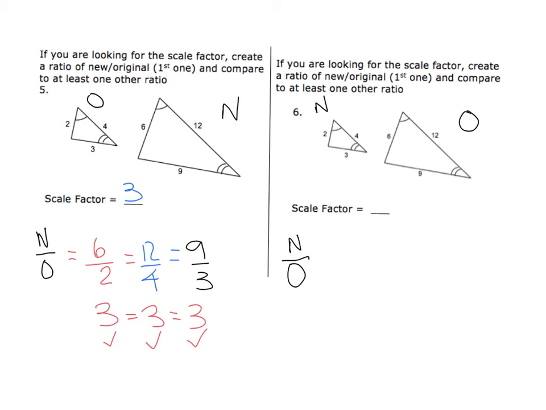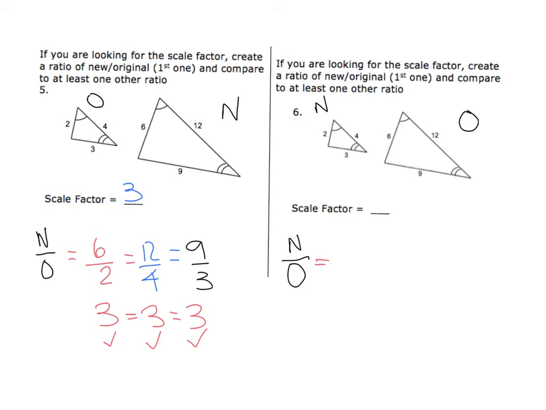Now let's look at another situation. Okay, notice the only difference now is I've switched which one's the new one and which one's the original. Okay, so that does change your order in your ratio here. So this is why it's important to always identify which one's the original, okay, and which one's the new.